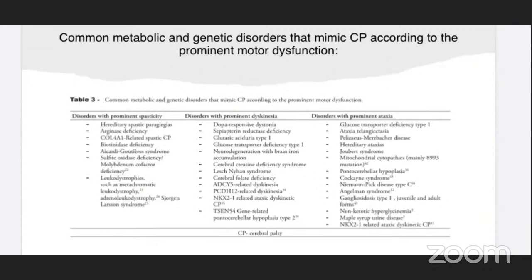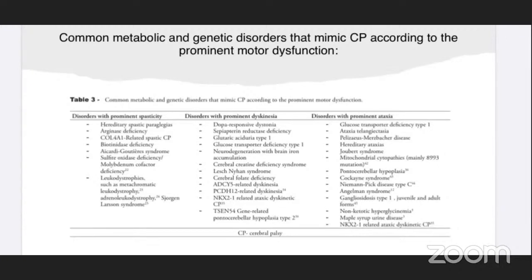For disorders with prominent spasticity, we have hereditary spastic paraplegia, arginase deficiency, biotinidase deficiency, and Cockayne syndrome. For disorders with prominent dyskinesia, we have dopa-responsive dystonia, sepiapterin reductase deficiency, glutaric aciduria, and glucose transporter deficiency type 1, and the list goes on.